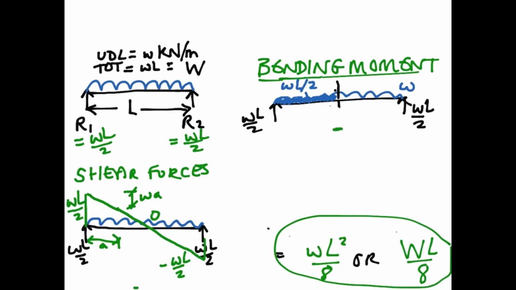If you go through those same calculations in exactly the same way, but at a distance anywhere across the span, and plot that as a series of results along the length of the beam, you'll ultimately end up with a shape like that, which is your bending moment diagram for a simply supported bridge, equal to WL squared upon 8.